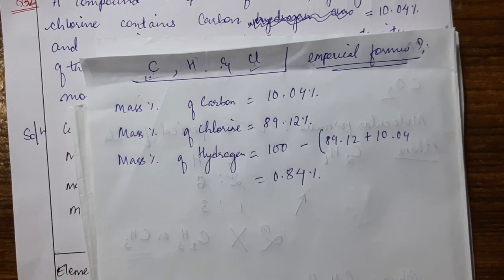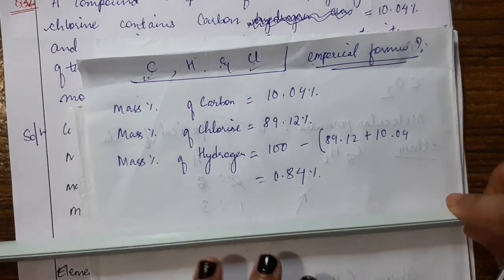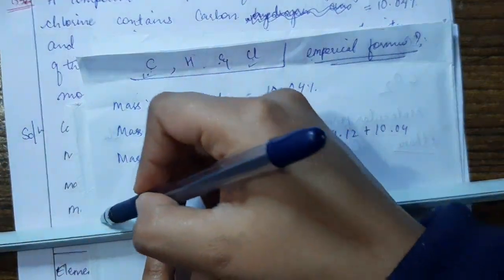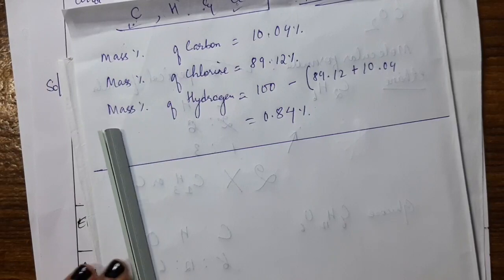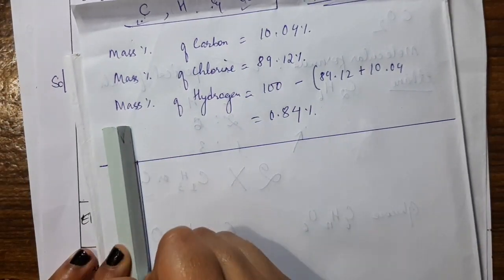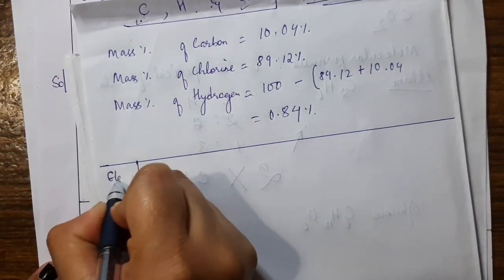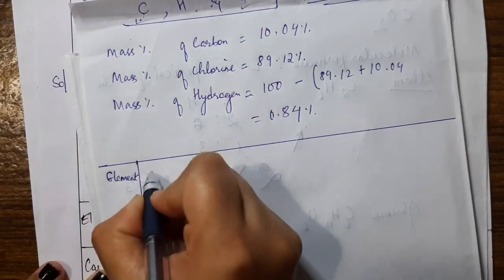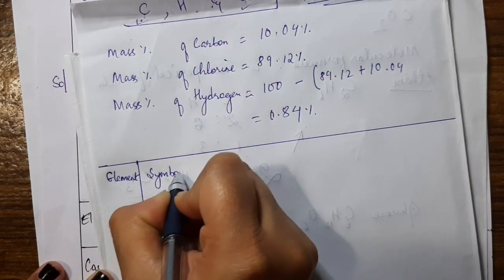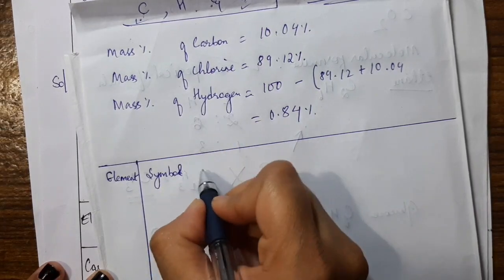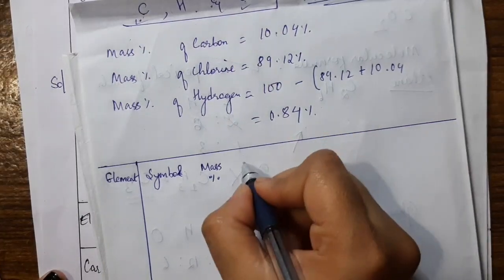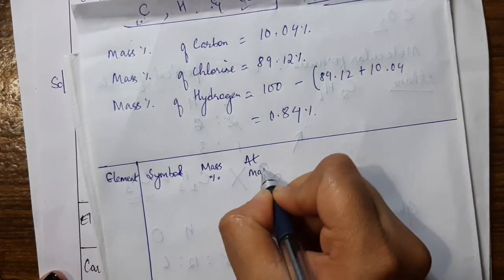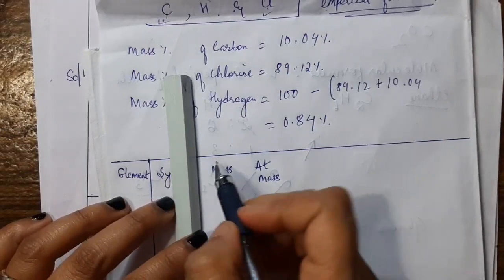Now to find out the empirical formula, we have got some steps. Okay, let's see. We'll draw a table kind of thing. First we'll write the element, then its symbol, then its mass percent, then its atomic mass.